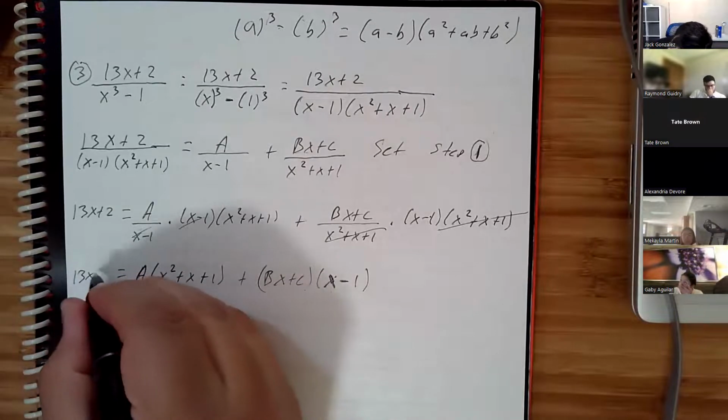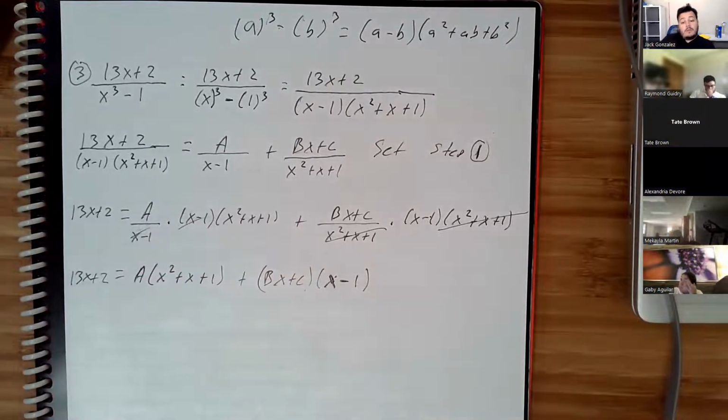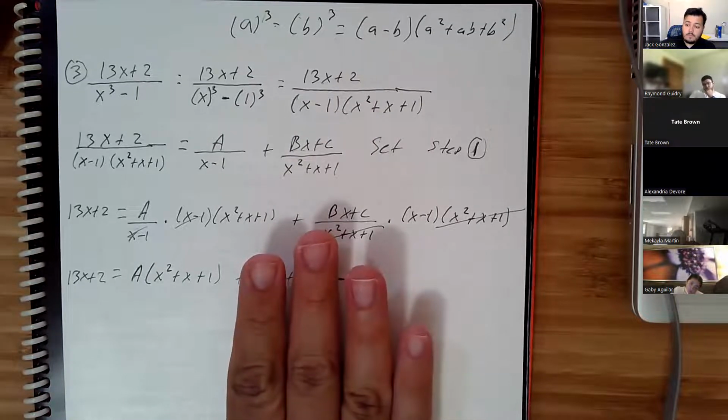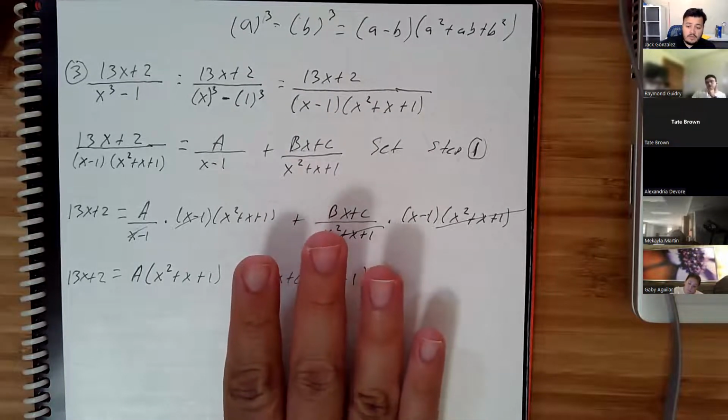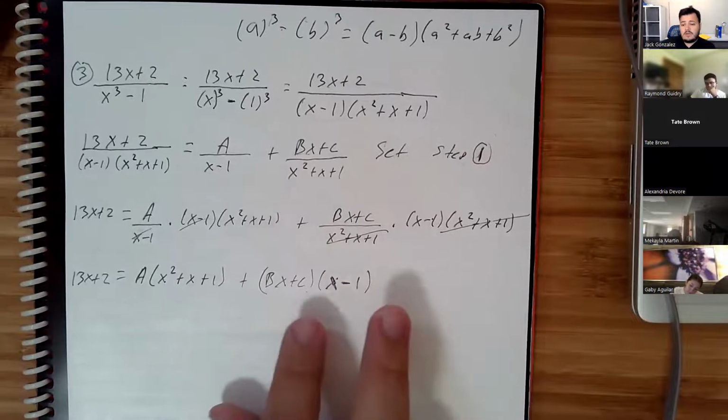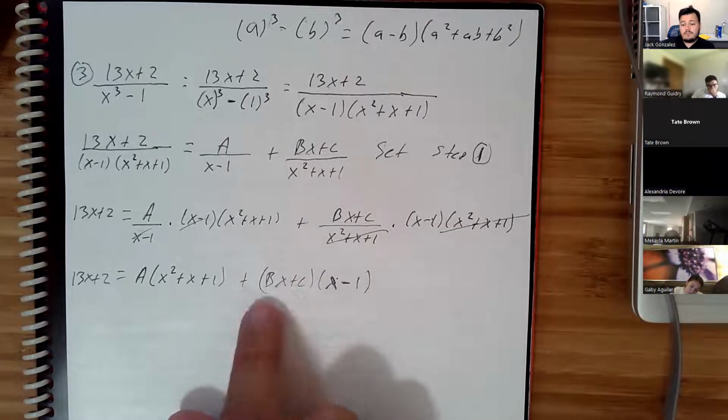Oops, forgot this over here. I don't see an easy x to choose. If x is 1, I'll get rid of this, right? And I can solve for a. But I don't see how you can isolate b and c.